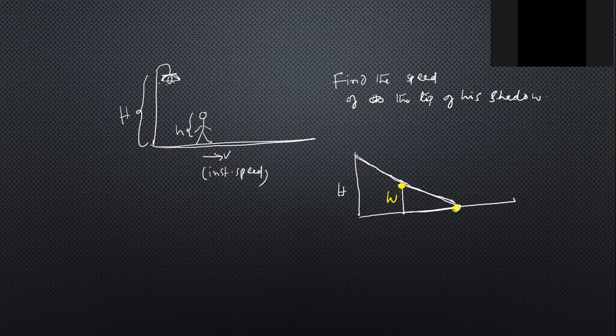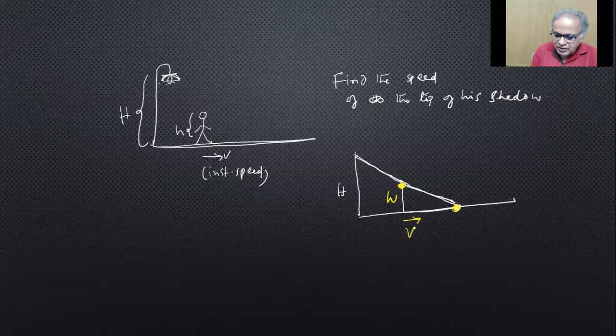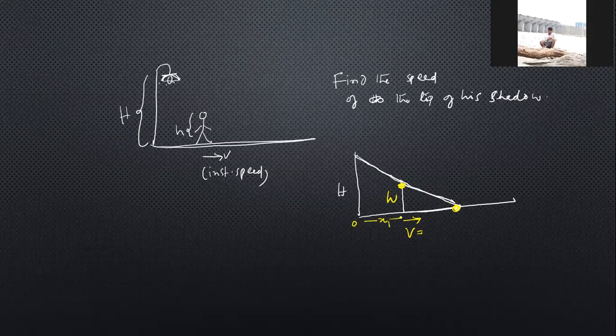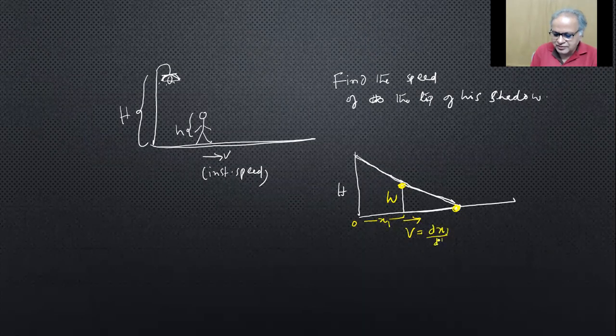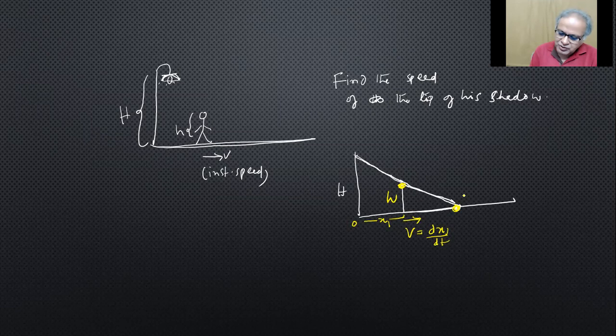This is h. Now, when I said this is v, what do I mean by that? v equals dx by dt. You may start the origin here. This you may call x1. So v equals dx1 by dt at this instant. Now, if I say this distance is x2, at this instant I want v of the shadow as dx2 by dt.